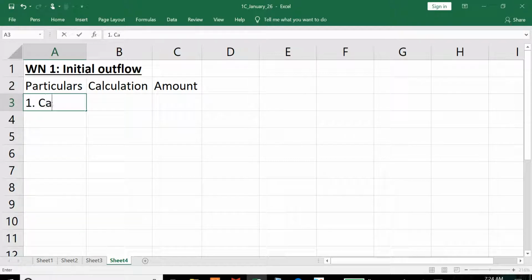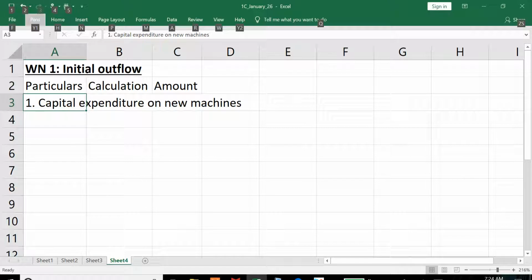Point number 1, capital expenditure on new machines.